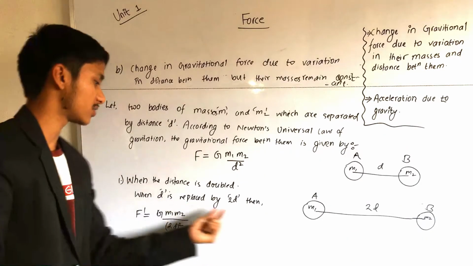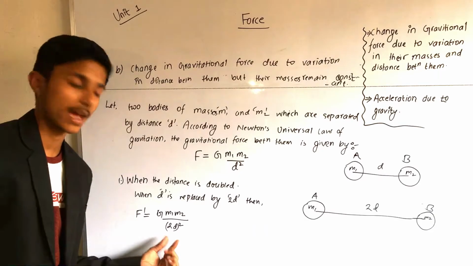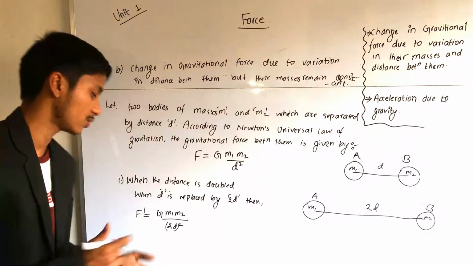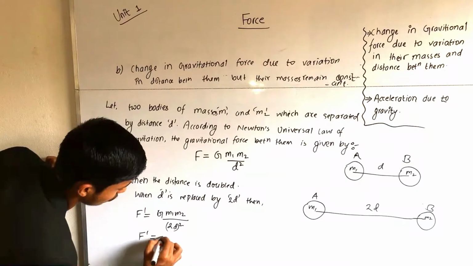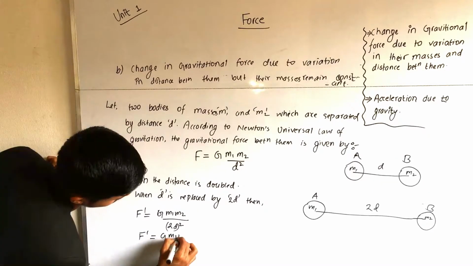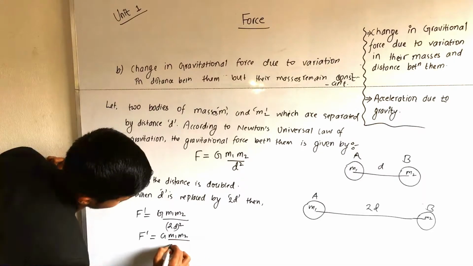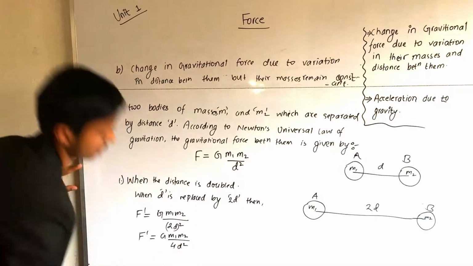Here d is replaced by 2d, so we have put here 2d whole square. That is, F' is equal to G m1 m2 by 4d square.